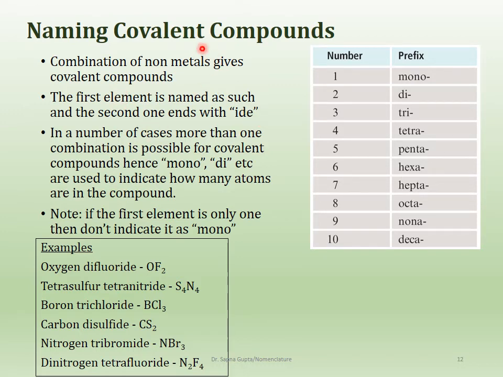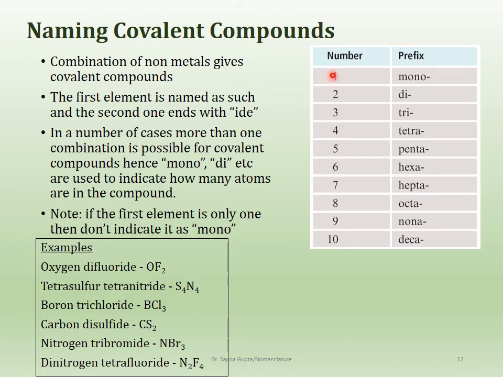But in covalent compounds, what happens is that there are sometimes more than one combination possible. So you have to tell how many atoms are involved, whether it's 1:2 or 2:3 or whatever it is. So for that reason, we have to know the prefixes. Okay, and so that's how we tell what the combination is.